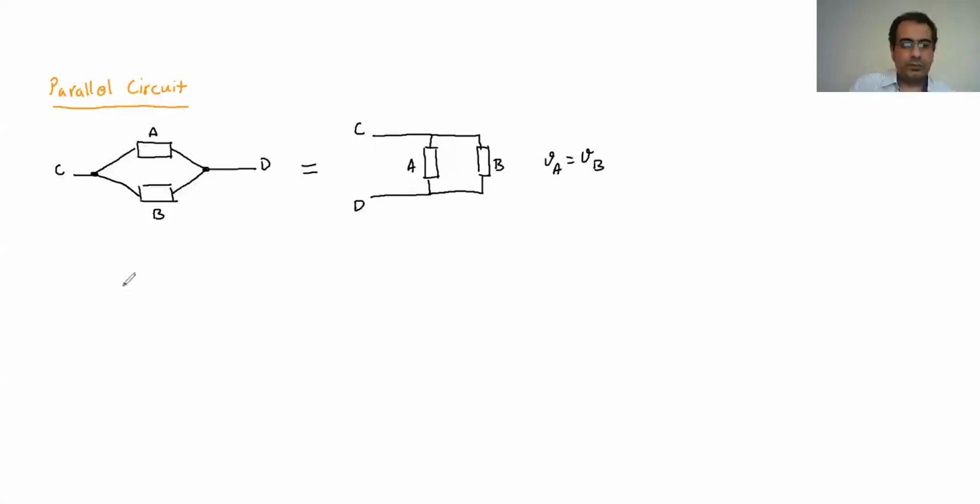Another example: assume I have 3 elements in parallel, 1, 2, and 3. We'll call them element A, B, and C. To be in parallel, again, one end of all of them should be connected to each other, and the other end should be connected to each other as well.